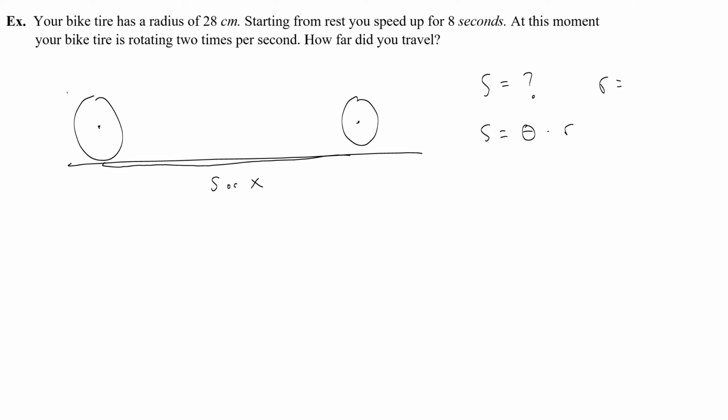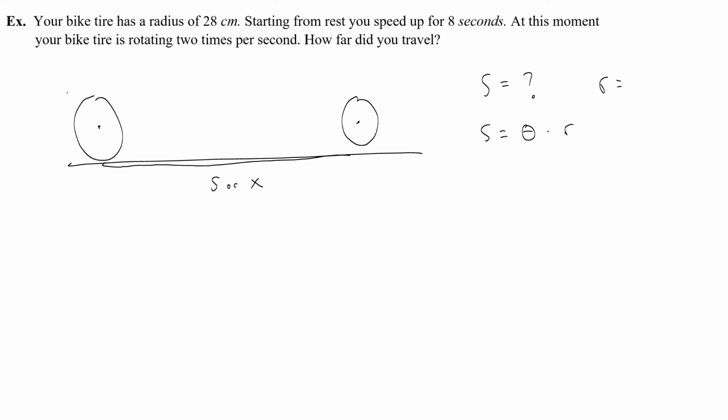And we know that you start from rest, so your initial angular velocity, omega i, is 0 radians per second. And your final is 2 times per second. So I'm going to write it like this: 2 revolutions per 1 second, because it means you're rotating 2 times.